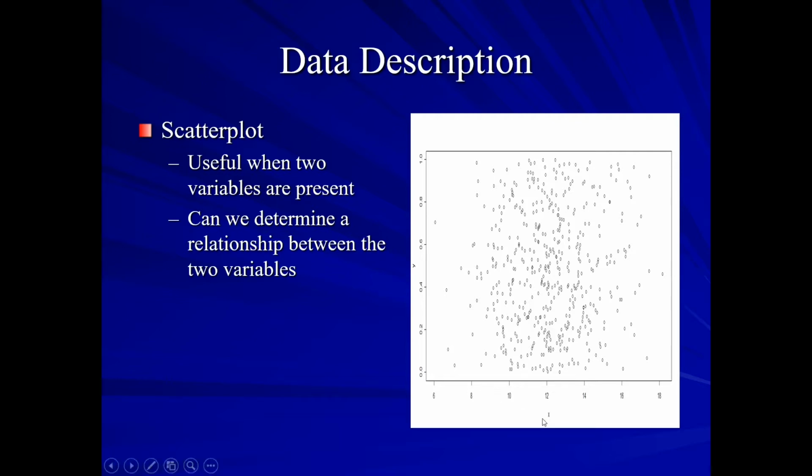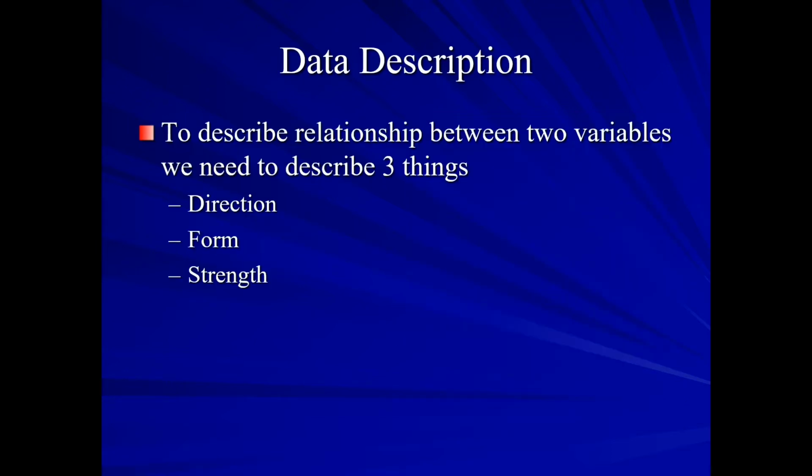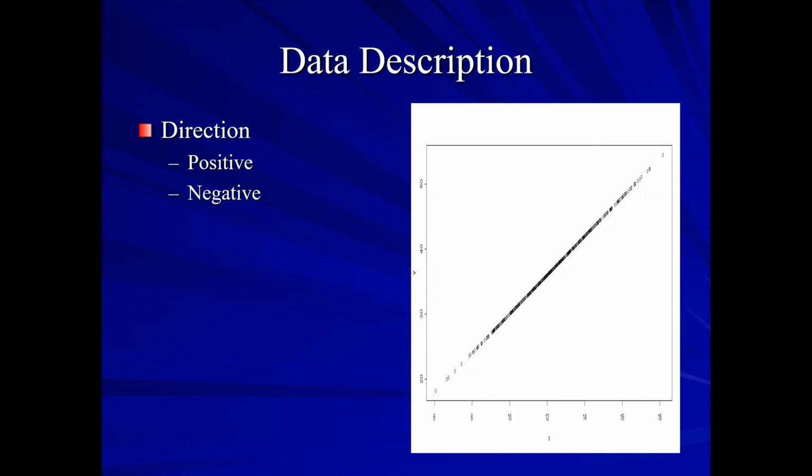So here I've got my x-axis, here I've got my y-axis. Now, in order to determine if a relationship exists between two variables, we need three things we need to describe: direction, form, and strength. So what is the direction of our relationship? What is the form of our relationship? And how strong is our relationship? For our direction, well, we've got positive and negative.